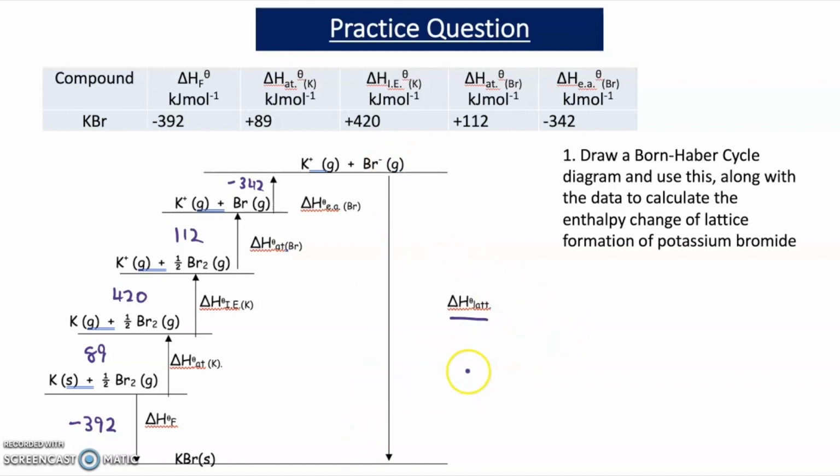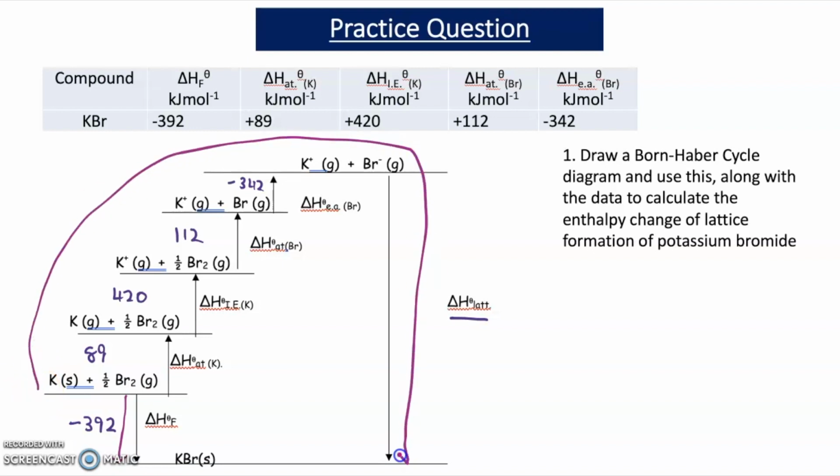So once again, to work out this missing value, I'm going to take my value for delta HF, which is minus 392, and find an alternative route around the diagram to get from K solid plus half Br2 to KBr.